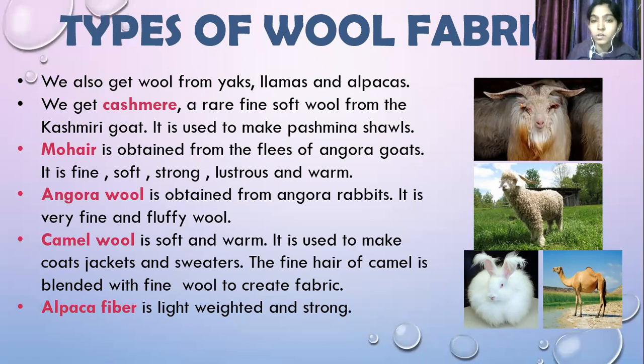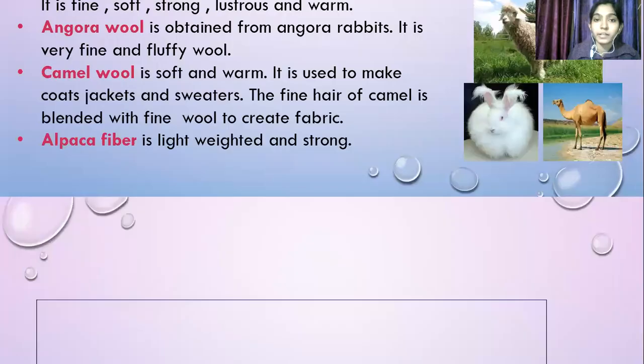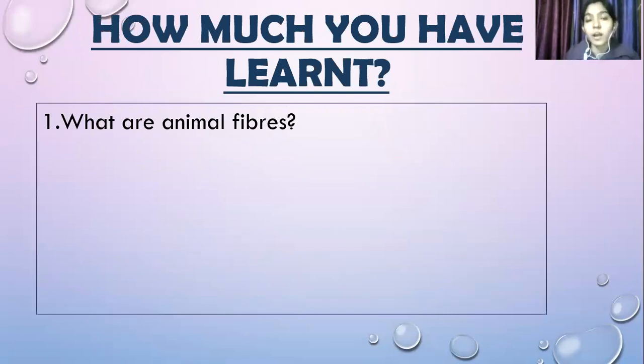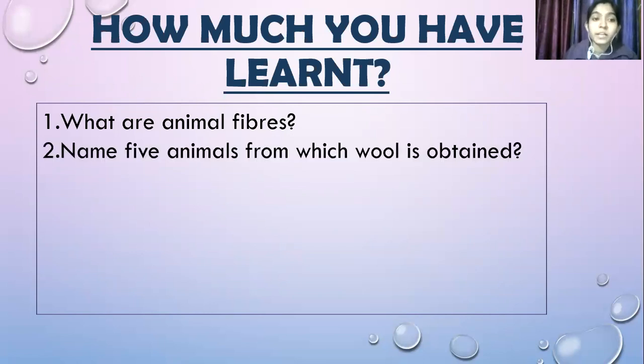Okay. Let's see how much we have learned today. First question is, what are animal fibers? Fiber obtained from animals is called animal fiber. Very good. Next question is, name five animals from which wool is obtained.